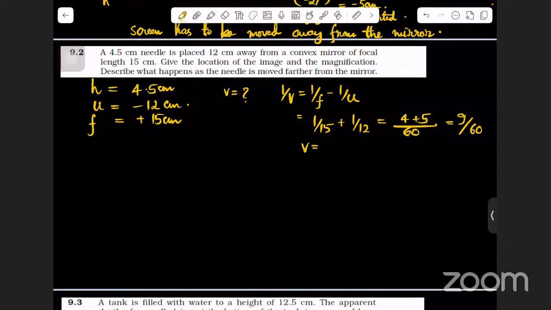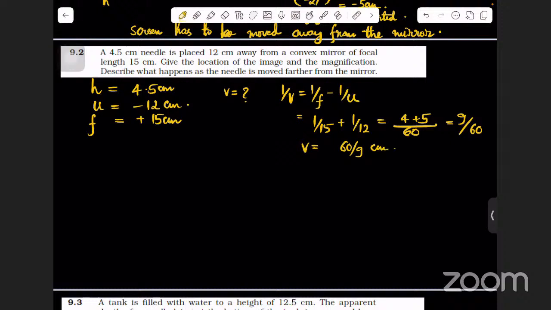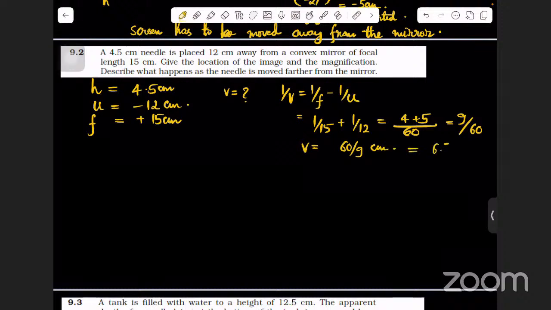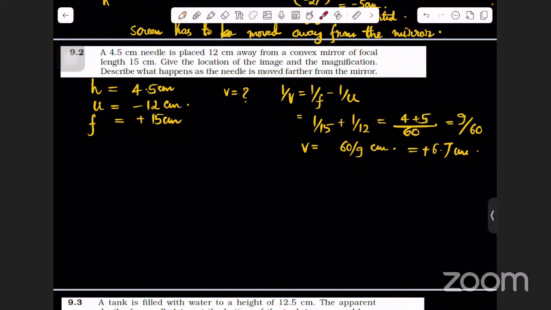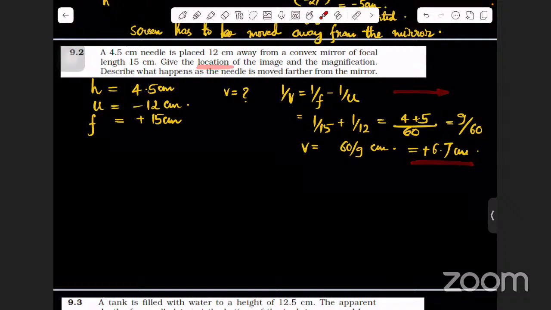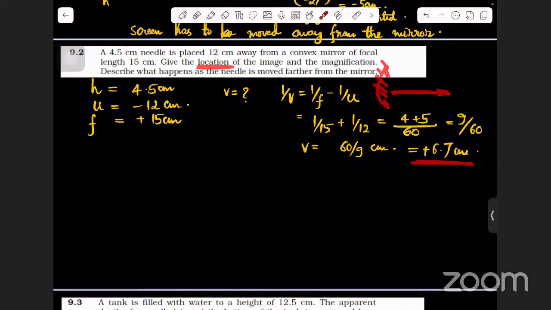So we have v equals 60 upon 9 centimeters, which is 6.7 centimeters, in the positive sense, right? So the location of the image would be 6.7 centimeters to the right side of the mirror, as it's positive.